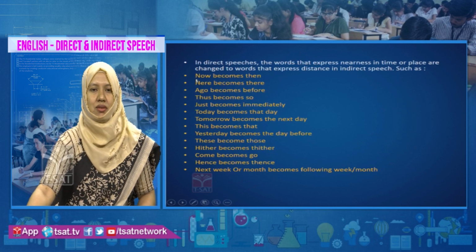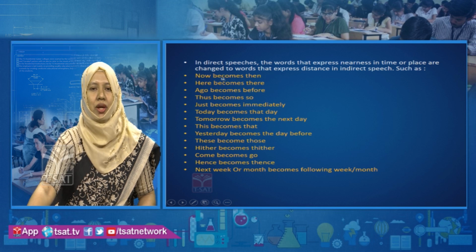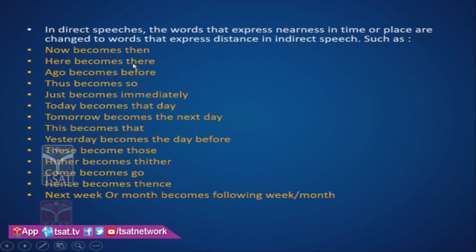So, these are the things you should remember which change from direct speech to indirect speech. Now becomes then, here becomes there, ago becomes before, thus becomes so, just becomes immediately, today becomes that day, tomorrow becomes the next day, this becomes that, yesterday becomes the day before, these become those, come becomes go, hence becomes thence.